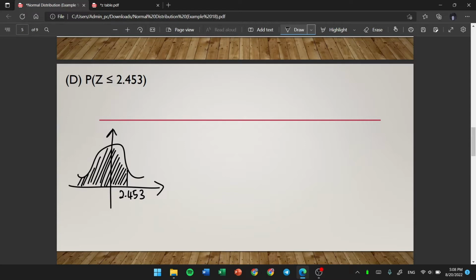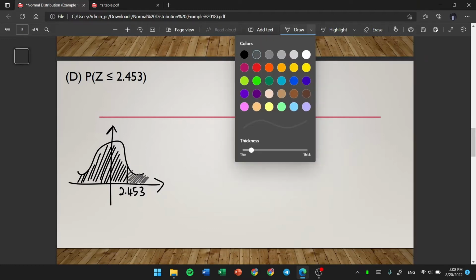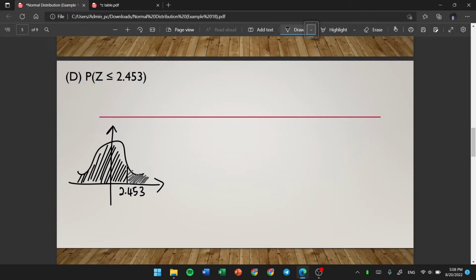We will take 1 minus this grey color shaded region here. So in this case, we will write it as 1 minus P Z greater than 2.453. Okay. Then you just press calculator, you get the answer.